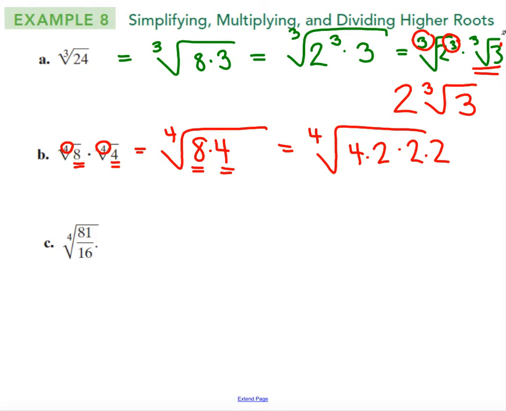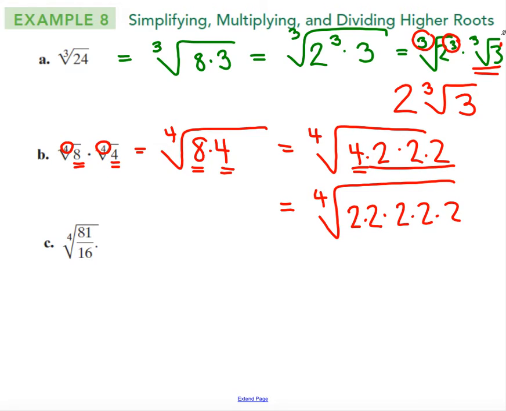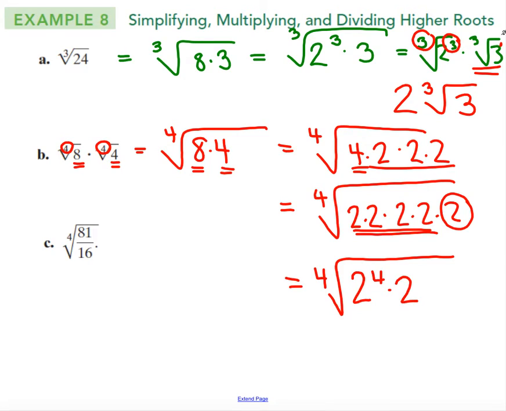We're almost there. Now let's say 4 can be broken down to 2 times 2. And then we still have these other 3 2's here. All right, I'm going to regroup. These guys are all going together. It's 2 to the 4th. And I have this lonely 2 over here.